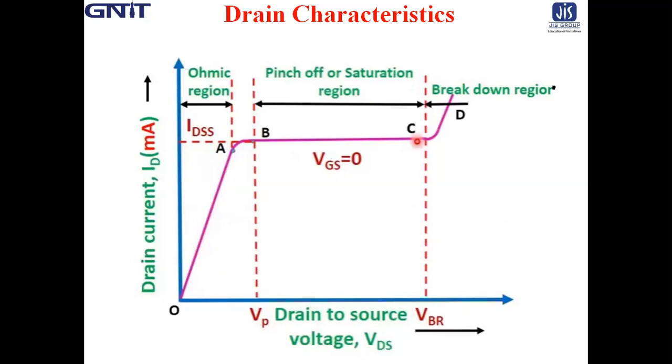So for a particular value of VGS, say VGS is 0 volt, the curve is like that. Drain characteristics curve. Now, what is the significance of the curve? First, OA is called the ohmic region.